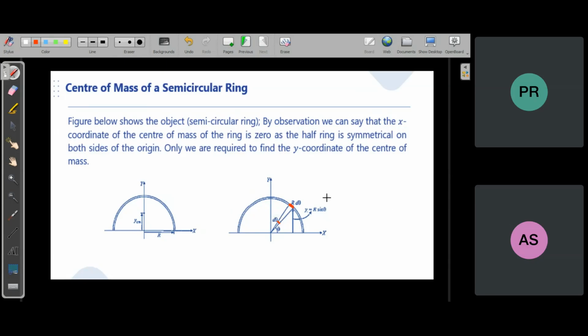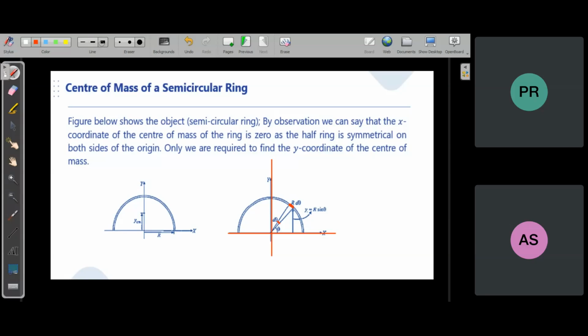Now again, the concept will be same. One thing you have to understand, that center of mass will always lie on the line of symmetry. For example, here, if you look at the x-axis and the y-axis, x-axis is not the line of symmetry, because above x-axis and below x-axis the mass distribution is not symmetric.